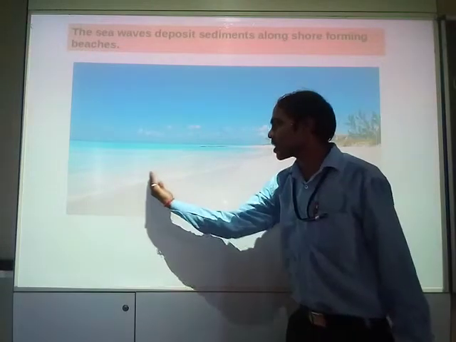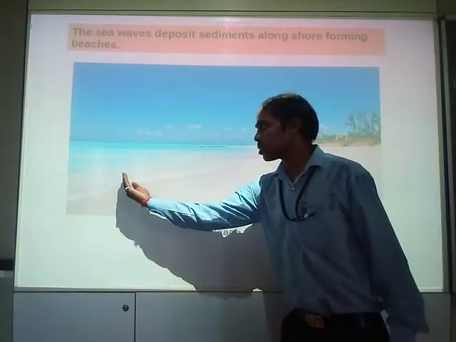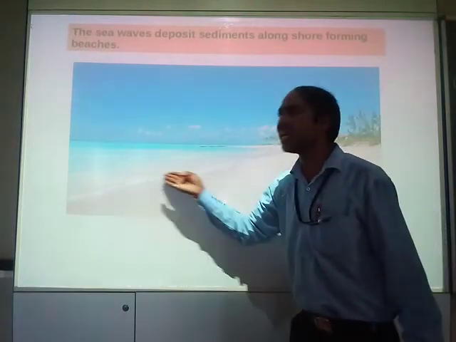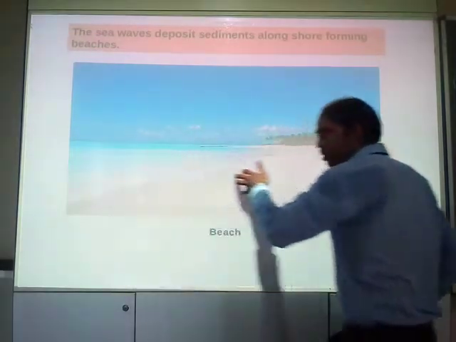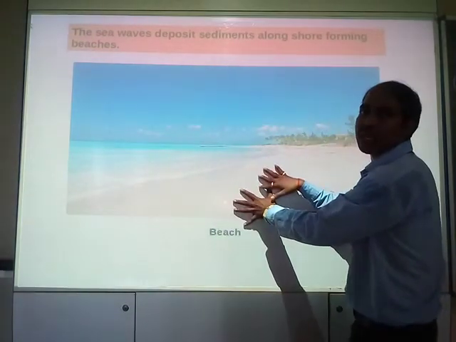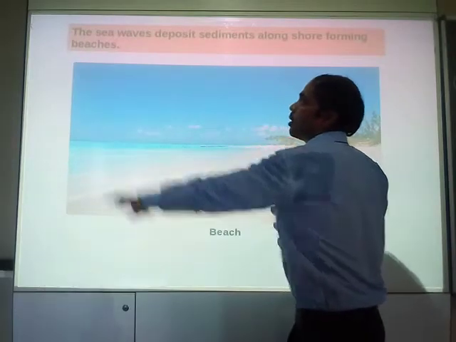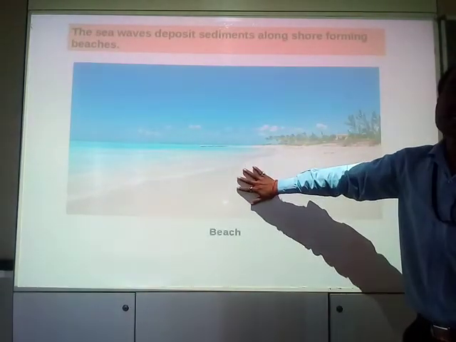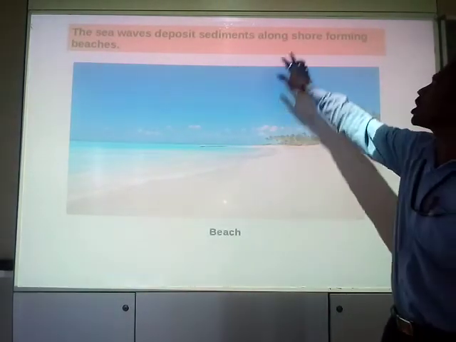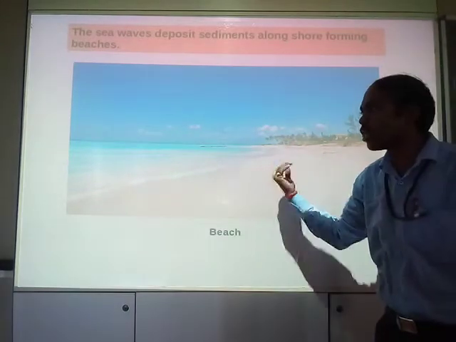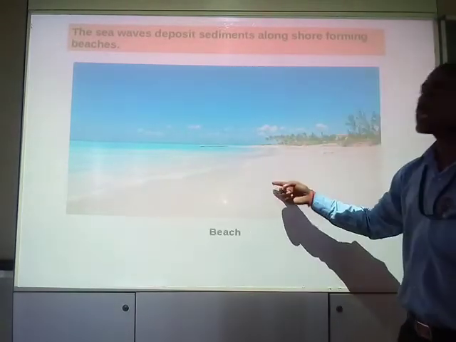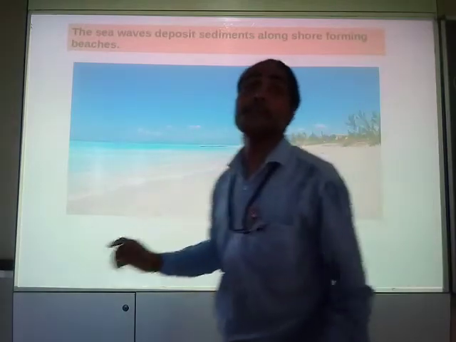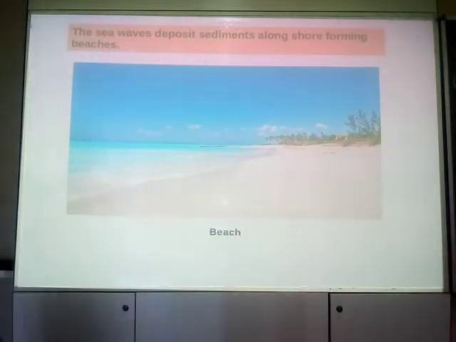That means along the area where the sea ends, it comes, deposits the sediment over here and goes away. When such deposition of sediments takes place along the shore, along the side of a sea, that results in formation of beautiful beaches.